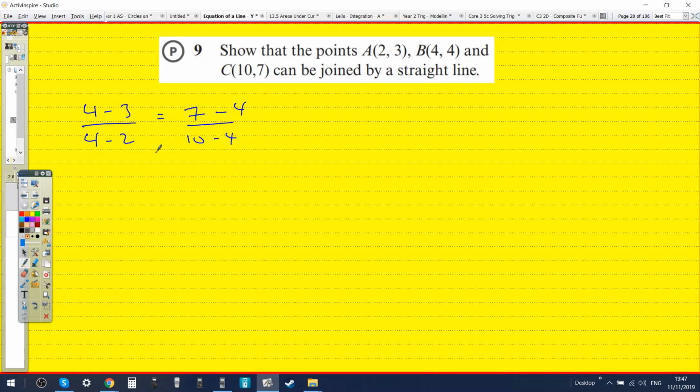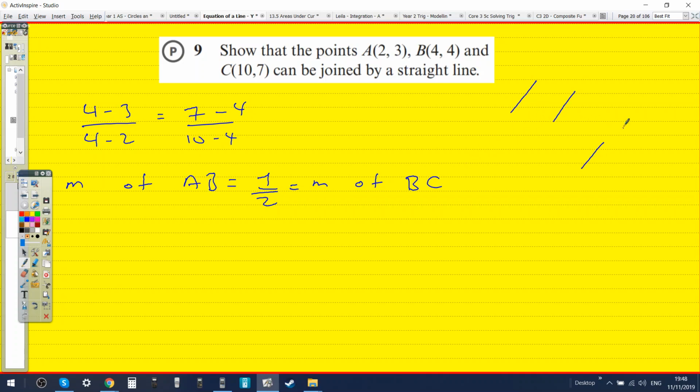So how do you then show that they are the same straight line and not just two different lines? What do you have to point out? You could just have two parallel lines with the same gradient.